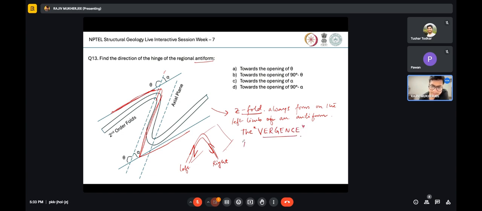Vergence says that the acute angle between cleavage and bedding intersection, actually this will be the opening of the acute angle. I will write it properly because otherwise it will not make any sense.